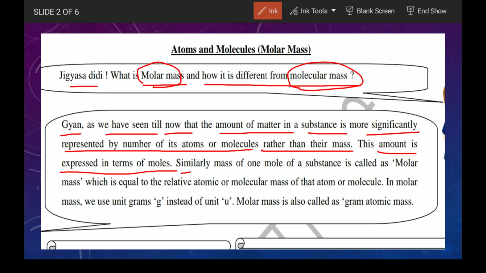Similarly, the mass of one mole of a substance is called molar mass, which is equal to the relative atomic or molecular mass of that atom or molecule. Your molar mass is exactly equal to the atomic mass or molecular mass, relatively, of that atom or that molecule.